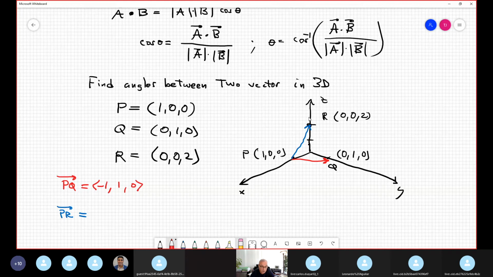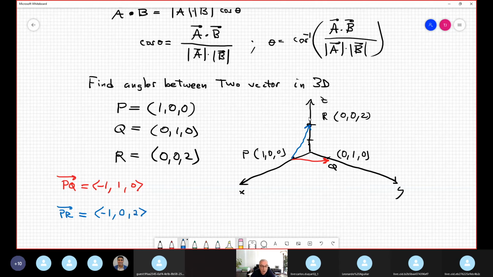This is the vectorial component expression for the vector PQ. For PR, R is the endpoint: 0 minus 1 is negative 1, comma, 0 minus 0 is 0, comma, and 2 minus 0 is 2.